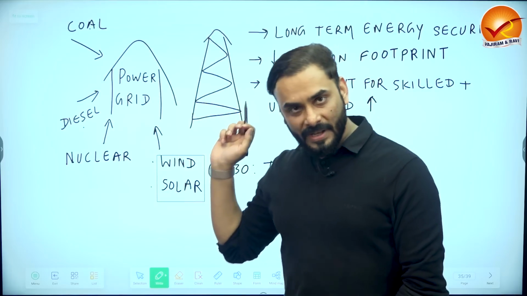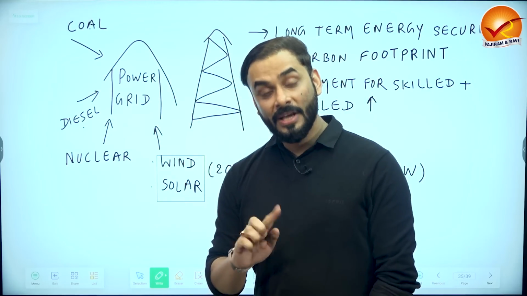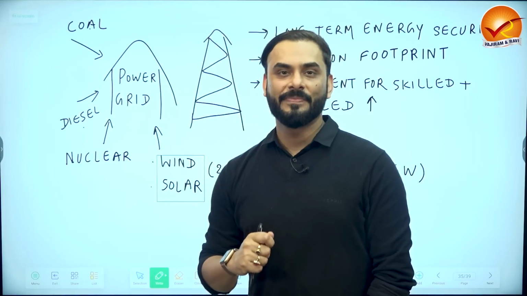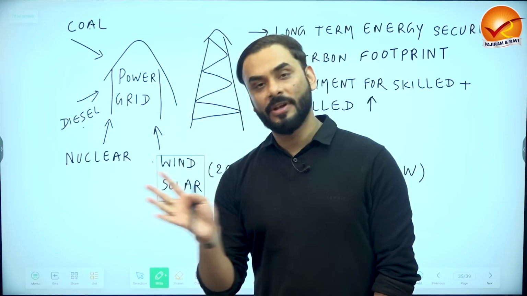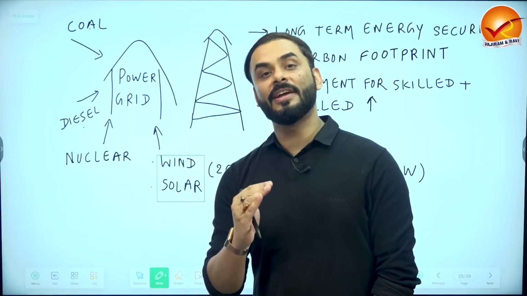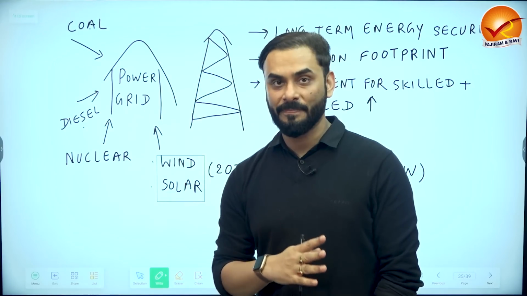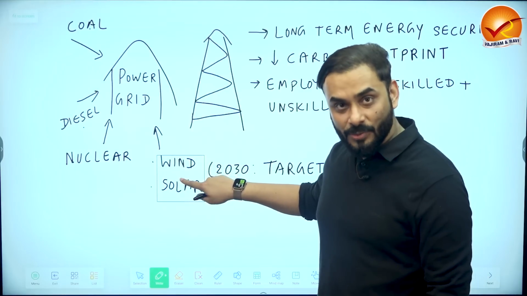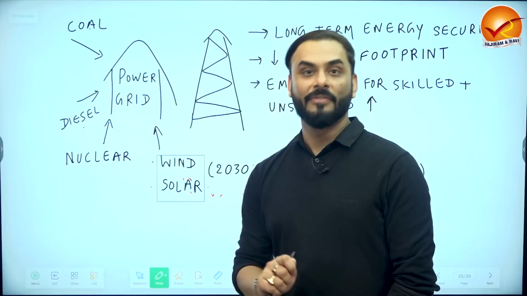Now, Government of India is planning to promote renewable sources to generate electricity, and says that we will do it across India. We will go to different parts of India and generate electricity through renewable energy, wind energy, solar energy, etc. That electricity will also be integrated with the power grid.